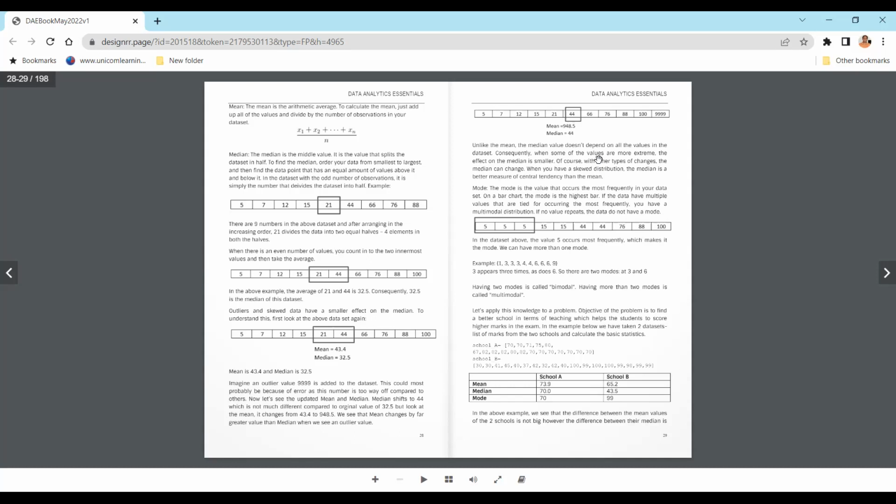These are basic statistics. Now, what is the significance of this? What does it tell you? What does mean tell you? Mean tells the average, of course, but what message does it give to you?